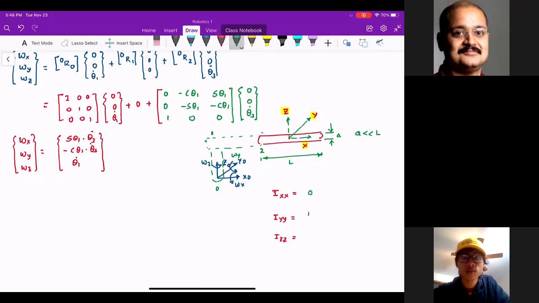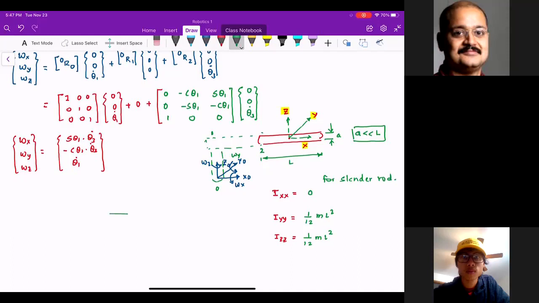IYY is 1 by 12 M L square. IZZ is 1 by 12 M L square. Assuming this slender rod. This is assuming 0 radius, basically.